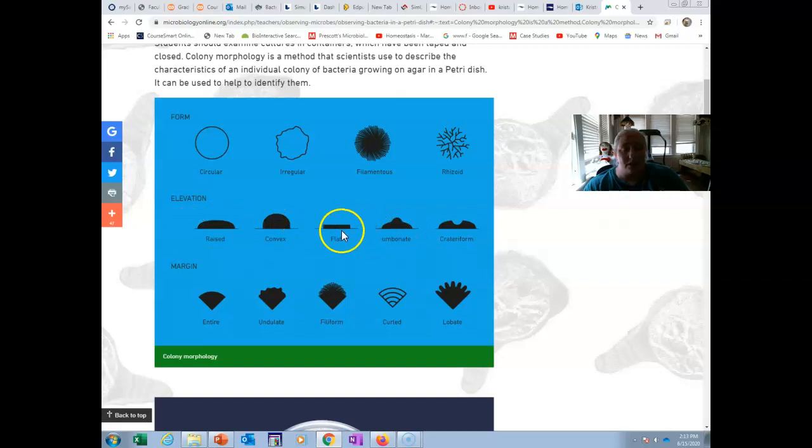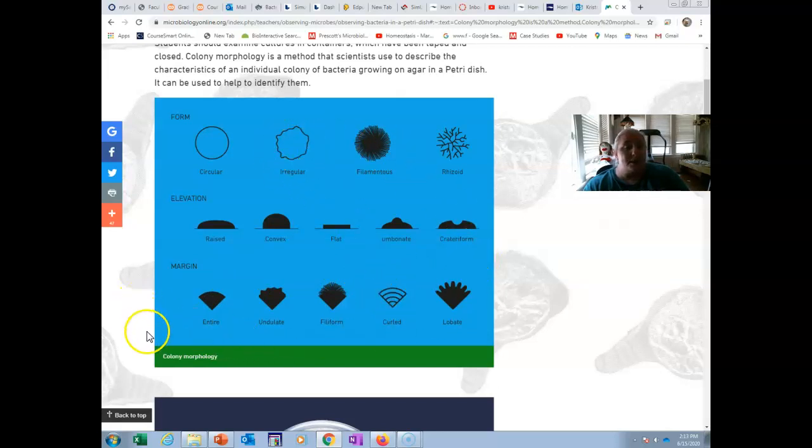If they're not, they're flat. If they have a little bump, they're umbonate. What does the edge of the colony look like? Is it very bumpy? Is it smooth? Are there curled regions of the edge?